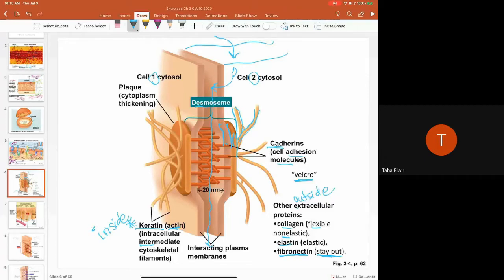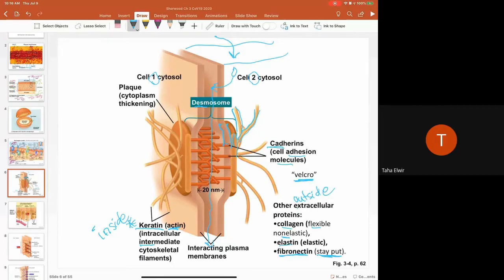So it's not going to be a barrier for molecules that want to diffuse and get into the bloodstream. What it's there for is holding the cells together.